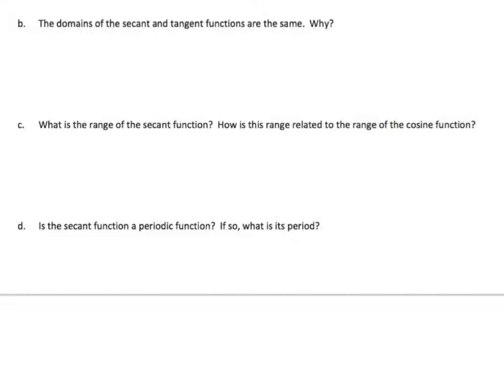The domains of the secant and tangent functions are the same. Why? Well, it makes sense.